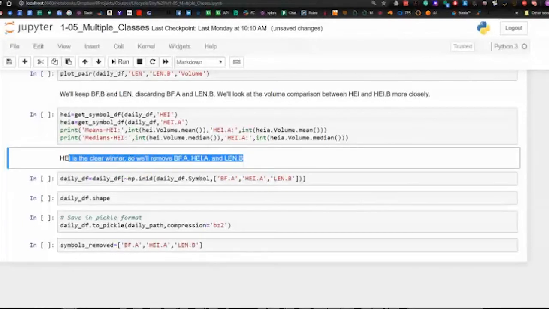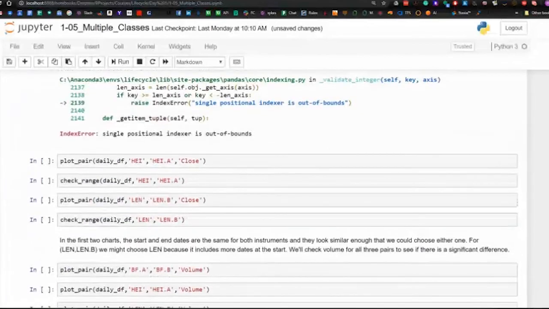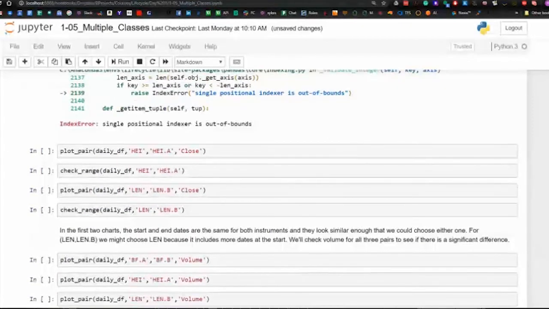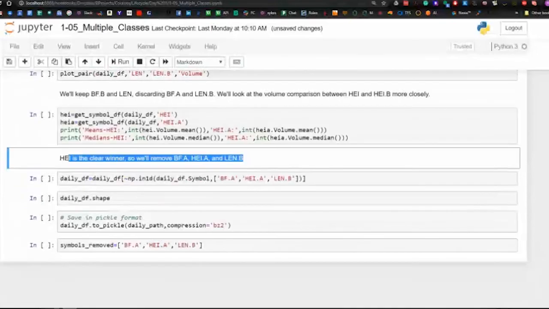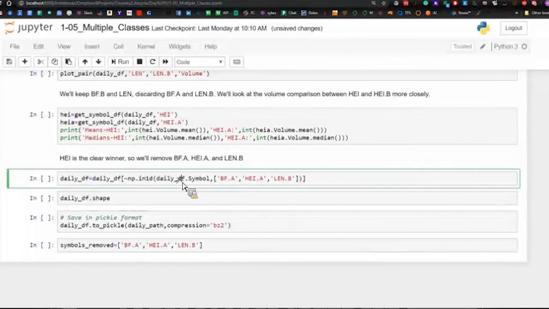So there's clearly some of them trading at a much lower rate than the others. That's one reason why you choose it, and others are that you'll have more data because the classes were introduced later, and so on. So the upshot here is that we end up removing BF.A, HEI.A, and LEN.B.